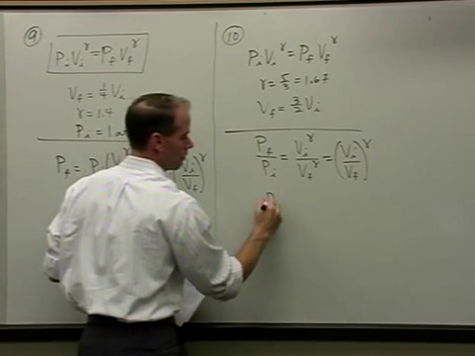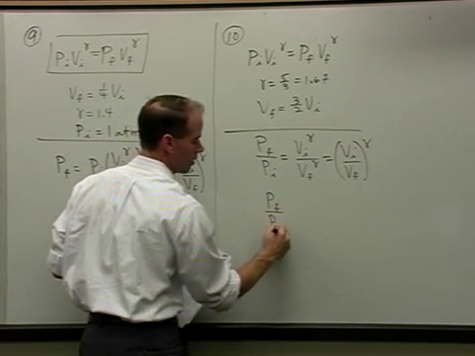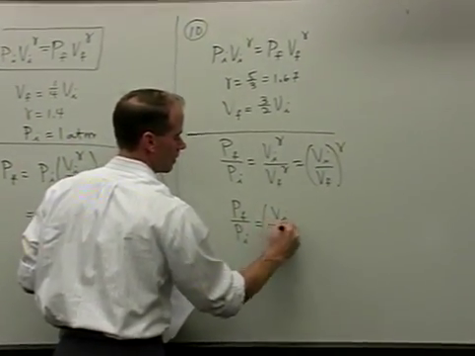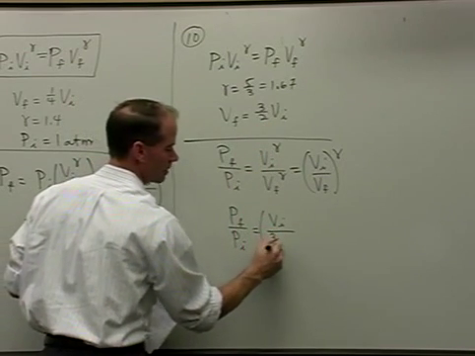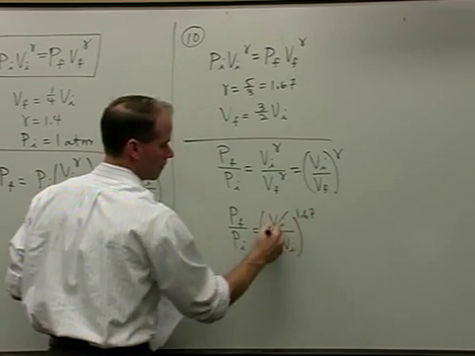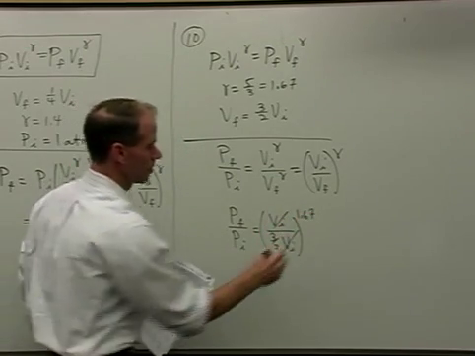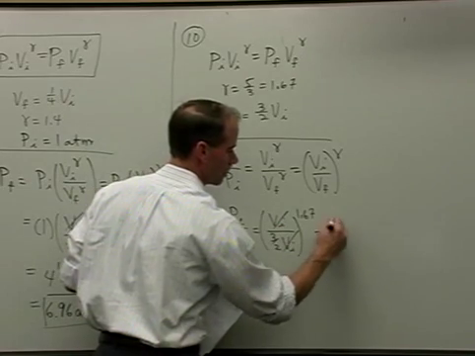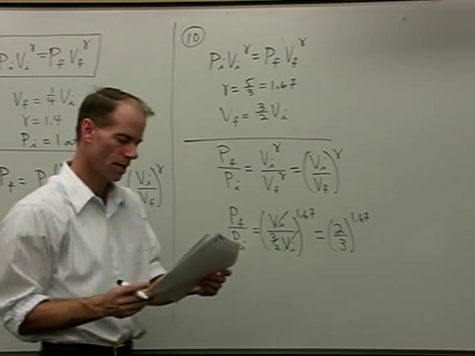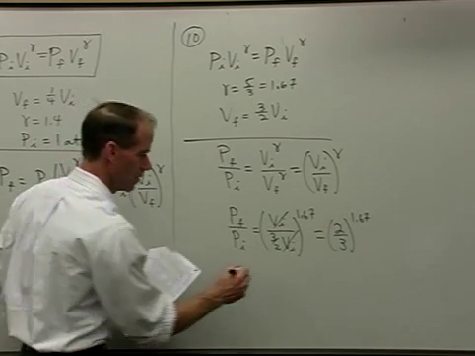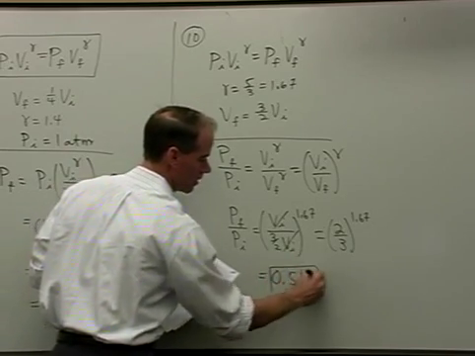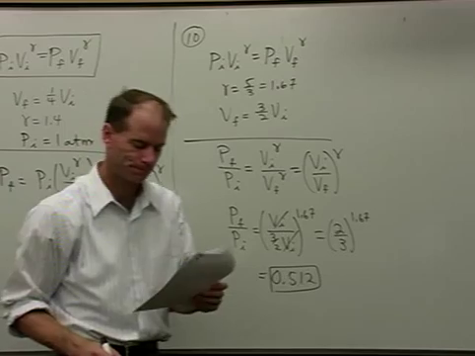So my ratio of final pressure to initial pressure will equal the ratio of V initial, and V final was 3/2 V initial, and gamma is 1.67. V initials cancel out here, so this is going to be equal to 2/3 to the 1.67 power. And that gives me 0.512. Just a number, it's a ratio with no units on it.